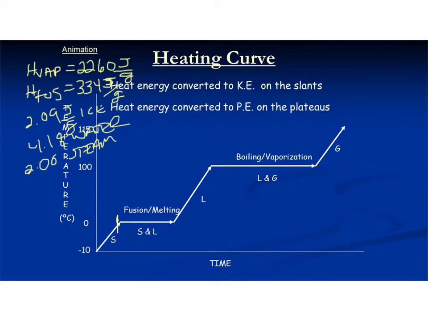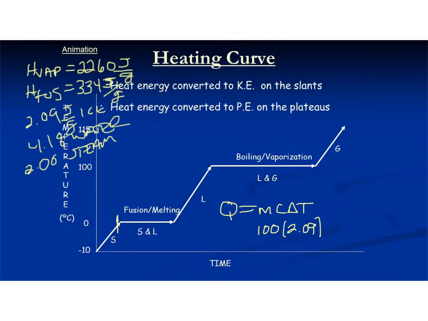That's going to be equal to Q equals mc delta T. We have 100 grams, so it's 100, and then the C in that particular case, for ice, is going to be 2.09. Then we have a change in temperature.